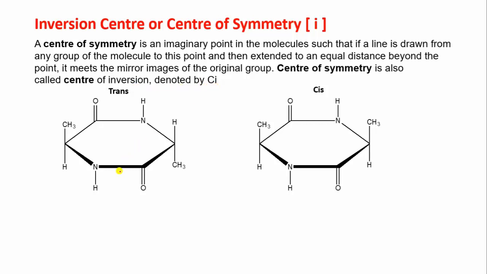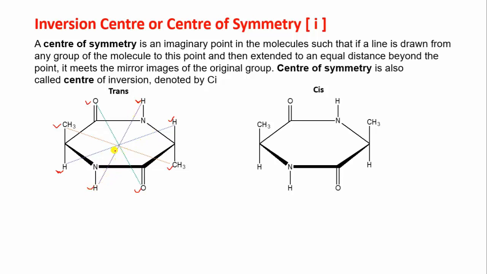So to understand this example, we have to draw a line from opposite groups. We draw a line from this CH3 to this CH3, this O and O, and this H group and this H group.